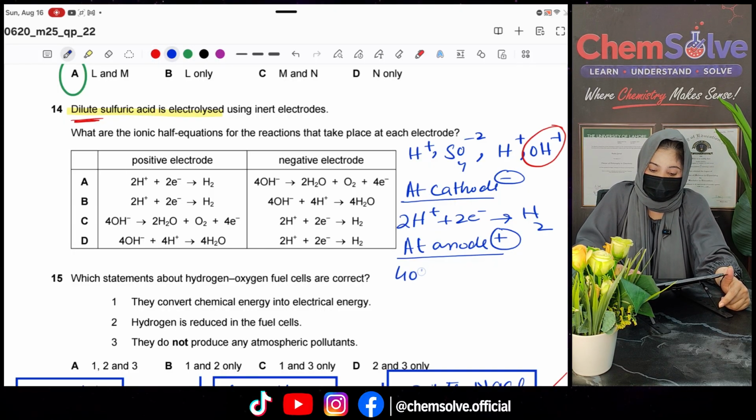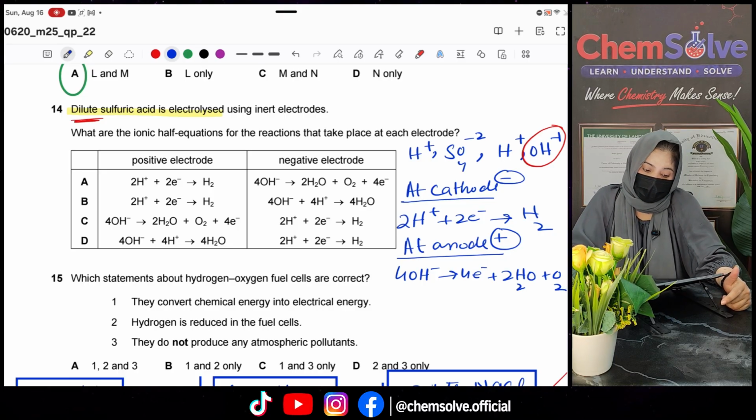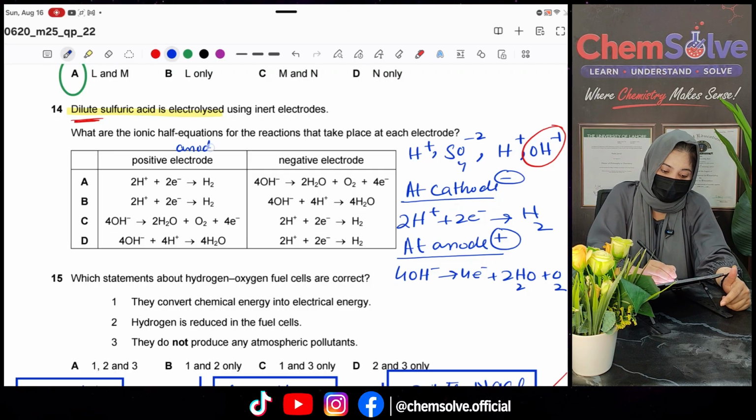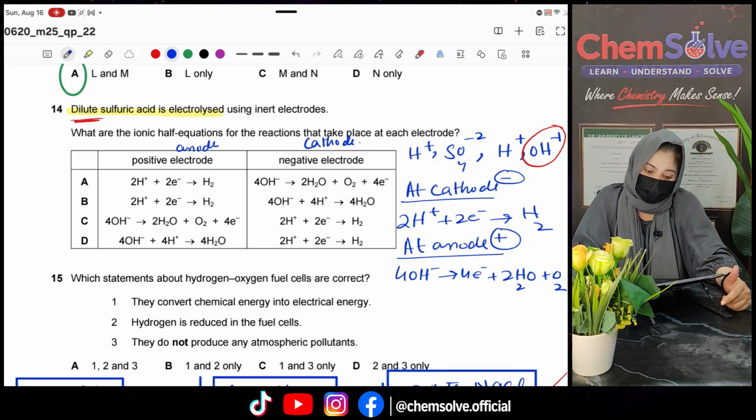So the electrode equation will be like this, that we just did in the case of question number 13 as well. So positive electrode, that is anode, and the negative electrode, that is cathode, just match them.